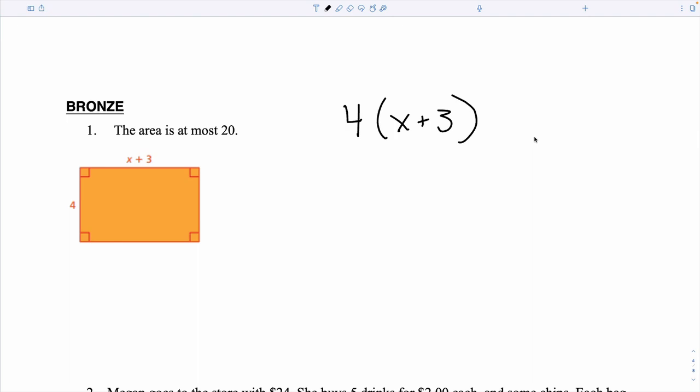X is less than or equal to 2 would. Number 1 should not have a decimal. So set it up.